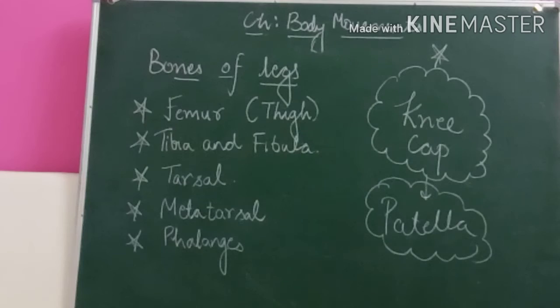So I hope the bones of the legs, that is femur, tibia, fibula, tarsal, metatarsal, phalanges are clear to you all. You all should learn the bones of the hands and the bones of the legs, because these bones are very common and you should be aware of these bones, and these bones should be on your tips.